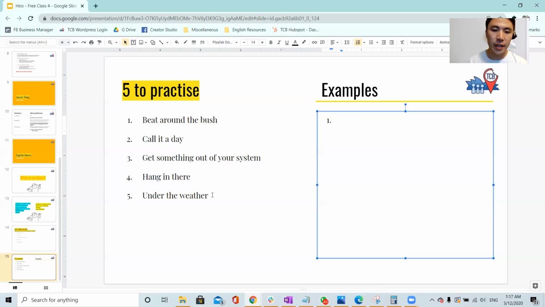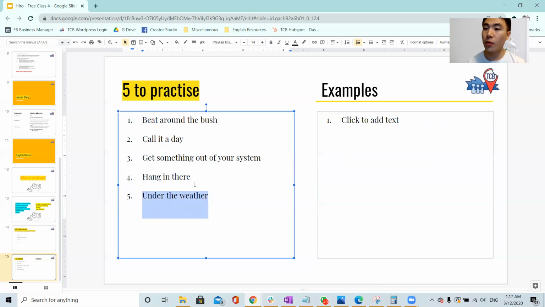The 5th and final idiom is under the weather. Under the weather. So this does not mean you're literally standing underneath the rain or the sun or the clouds. It actually means that you're feeling a bit unwell or feeling a bit sick.